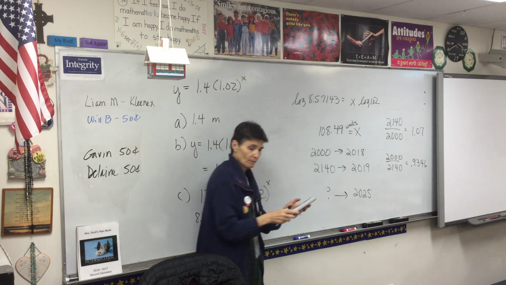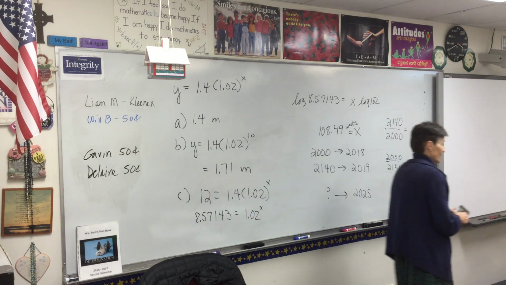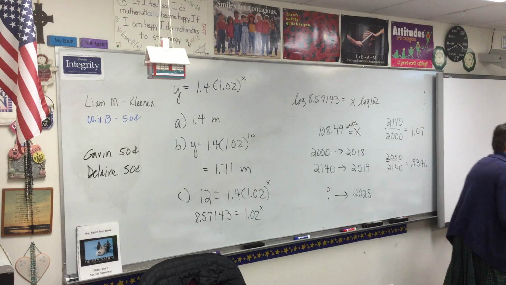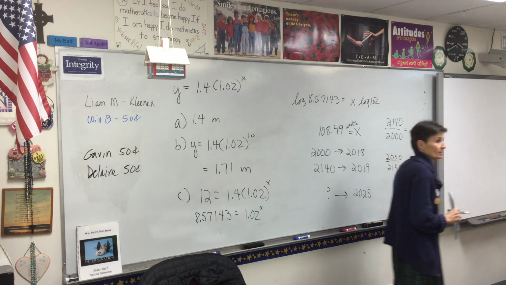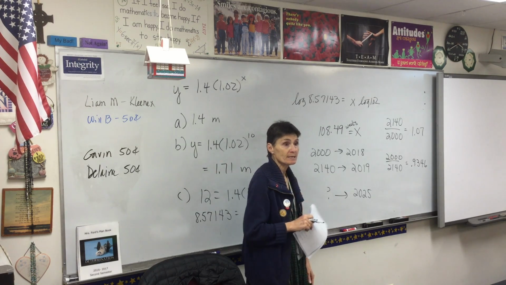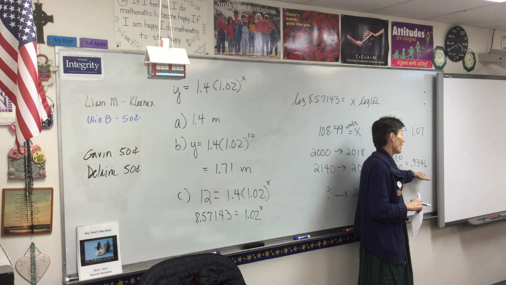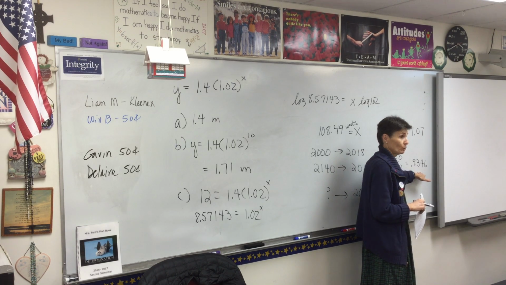Now, which of those seems like the appropriate number to be using in this rabbit population problem? The first one. Why? Because it's increasing. We know that if we use this decimal, our population would not be growing, it would be shrinking, right?